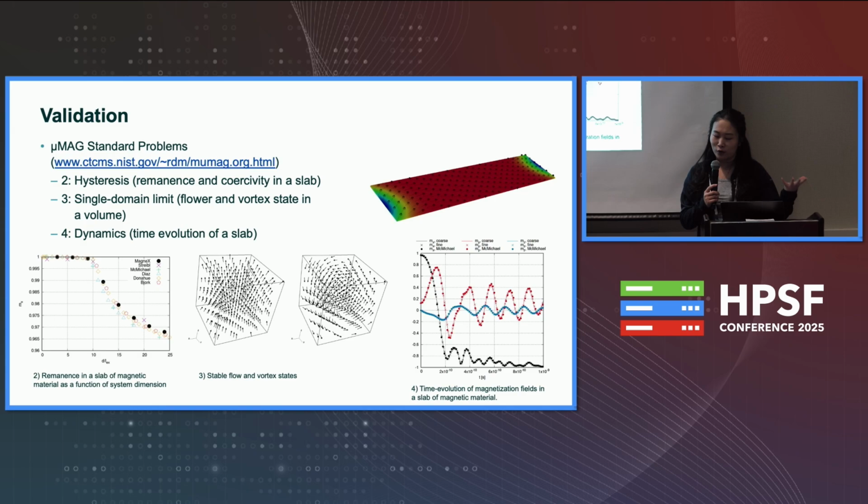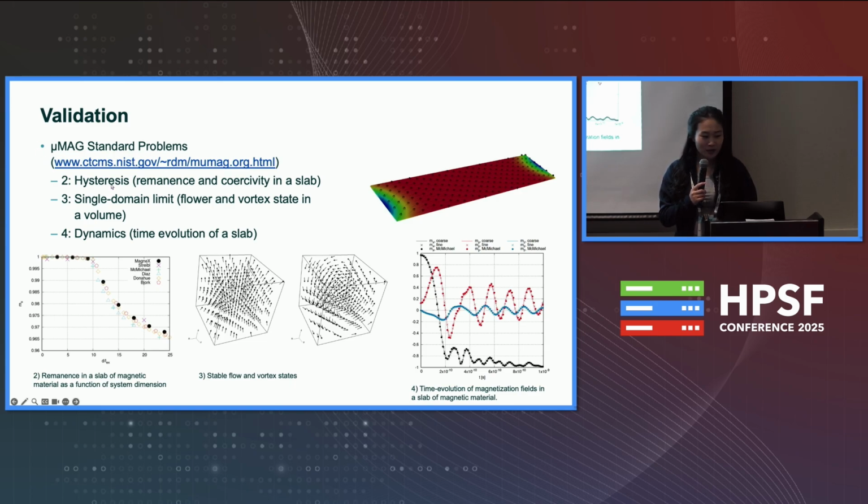One of the good parts of the micromagnetic community is that they have a set of well-defined standard problems. So whenever people build their own micromagnetic solver, if you show that, hey, I validated against 4 standard problems, people will start trusting you, right? If we do not validate against the standard problem, then that means we still have a long way to go.